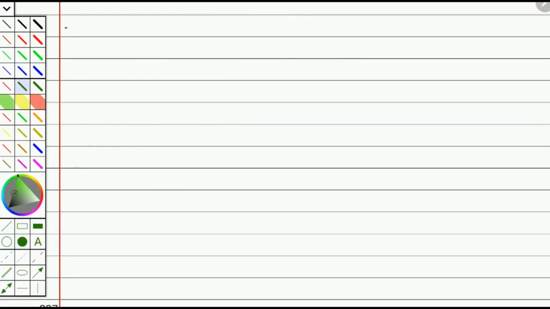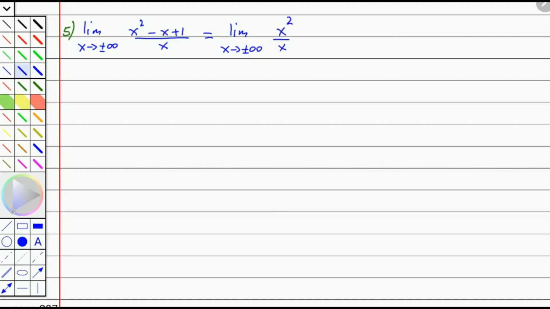Step number 5. Let's check the limits at infinity. Limit as x goes to either positive or negative infinity. You will see why. (x squared minus x plus 1) over x. This is a polynomial rational function, so we just take only the highest order terms of the numerator and denominator, equals limit x goes to positive and negative infinity of x squared over x.